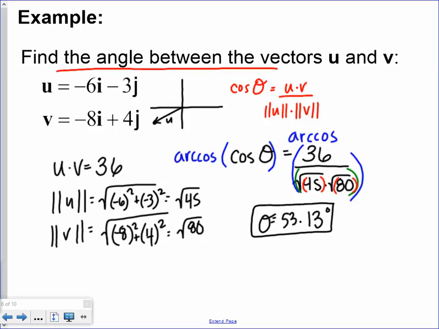So there's my vector u. For v, I'm going 8 to the left and 4 up to my terminal point. So there's my v. And does it seem reasonable that the smallest angle in between my two vectors is 53.13? Yeah, it looks pretty good.